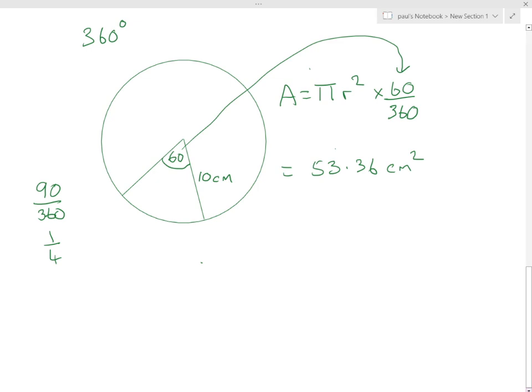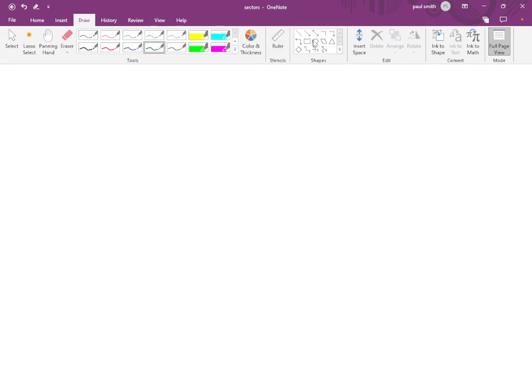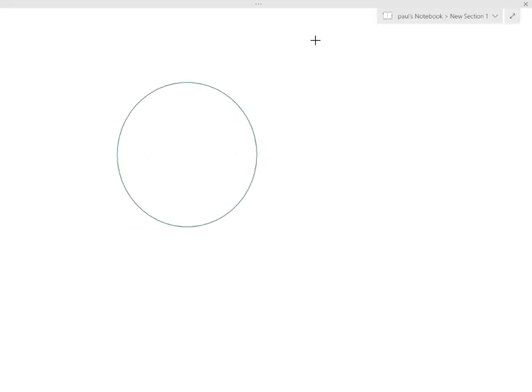So I'll give you one more example. This is a very short lesson because we were going through a past paper. So let's do an example where it's even more than 90. So let's do 8 centimeters for the radius. So that's 8 over there.